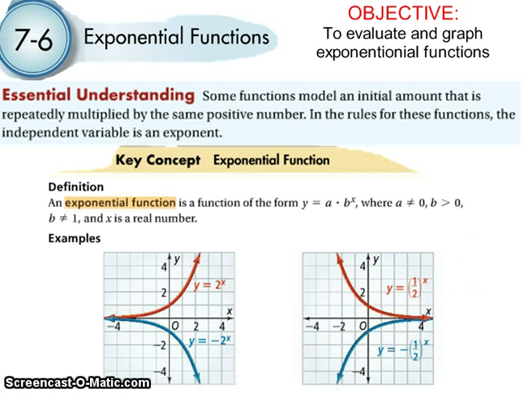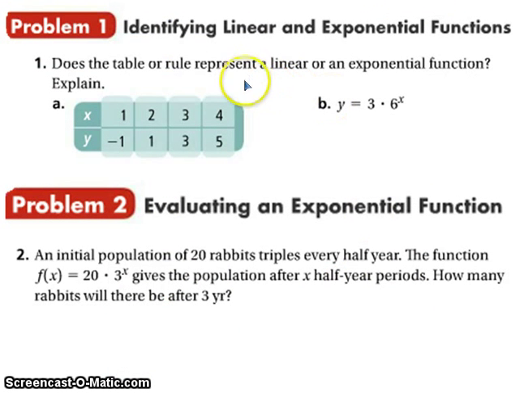Okay, so let's look at the first type of question. Here, they're giving us a situation, and our job is to determine if it's linear or exponential. Remember, if it's exponential, it's going to have a variable as an exponent, so you should be able to look at one of these right now and say whether it is or is not exponential.